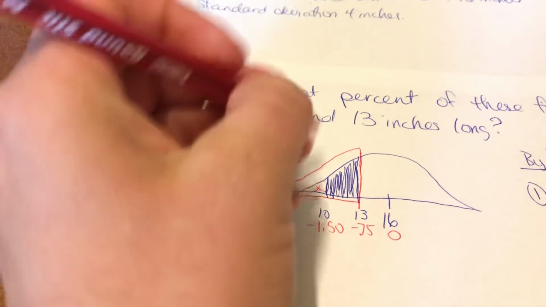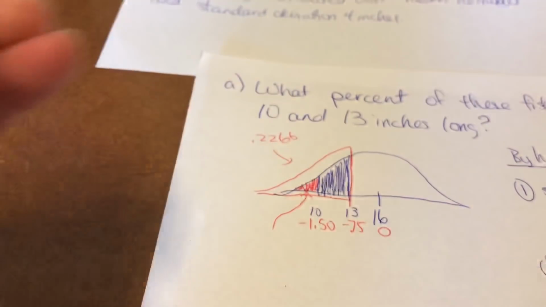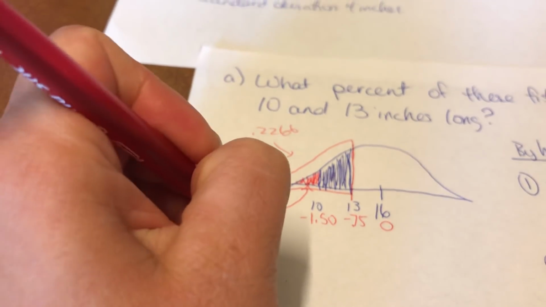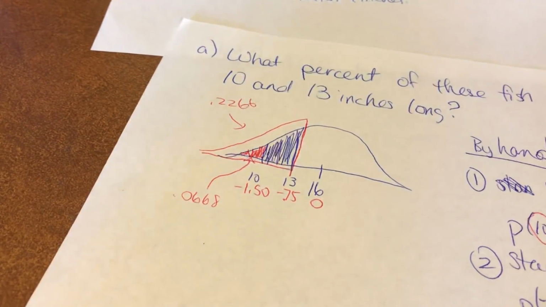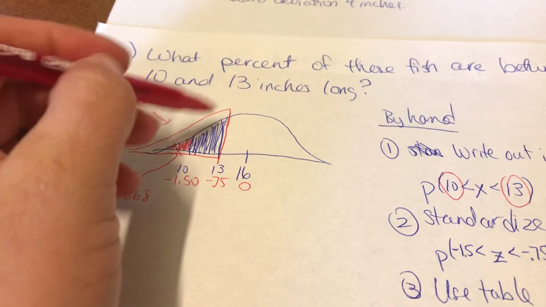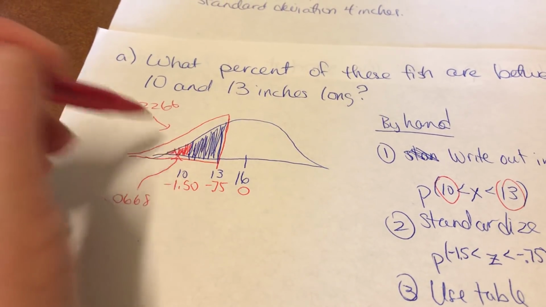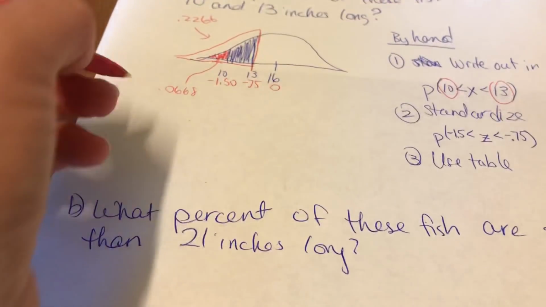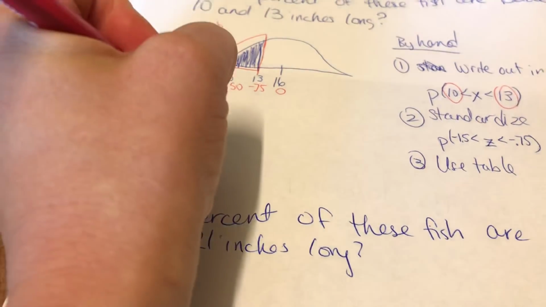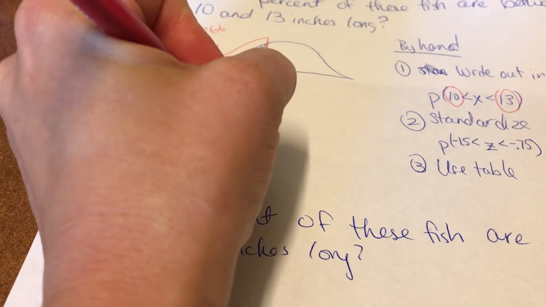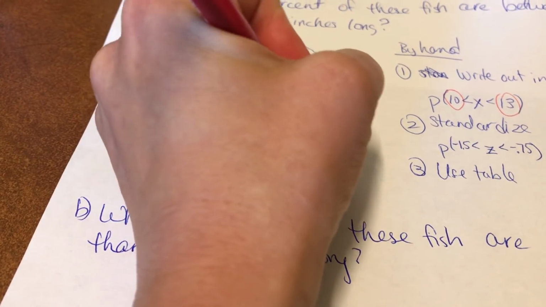So everything to the left of negative 1.5, which is this little space here, is 0.0668. And we can see that what I wanted was the big area, but removing the little area requires a subtraction. So our percent, our answer, is the 0.2266 minus the 0.0668.